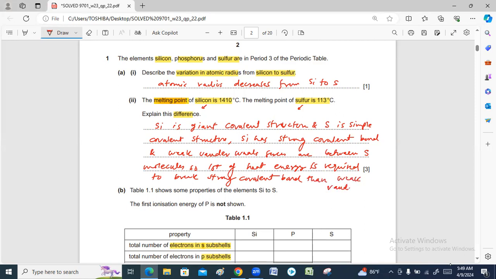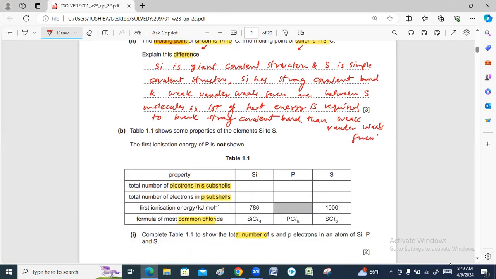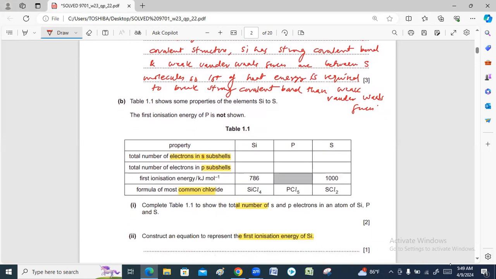So we have to explain in terms of covalent bonds and intermolecular forces. Silicon is a giant covalent structure, and a giant covalent structure has strong covalent bonds. So if we want to melt that substance, we have to break the covalent bonds.